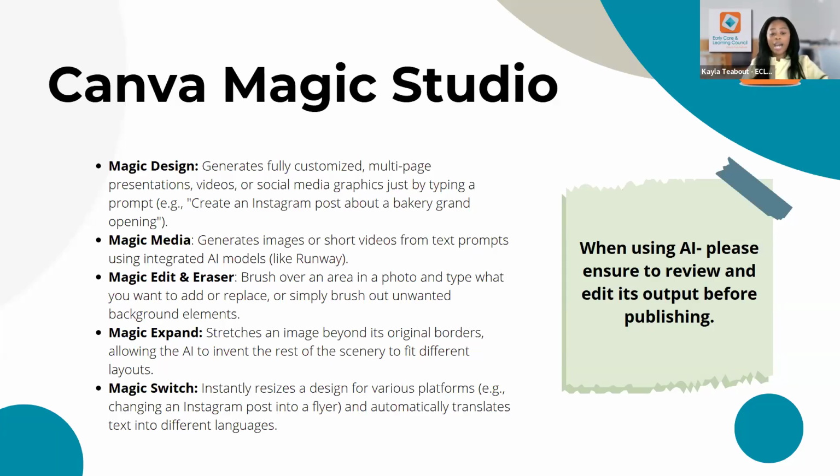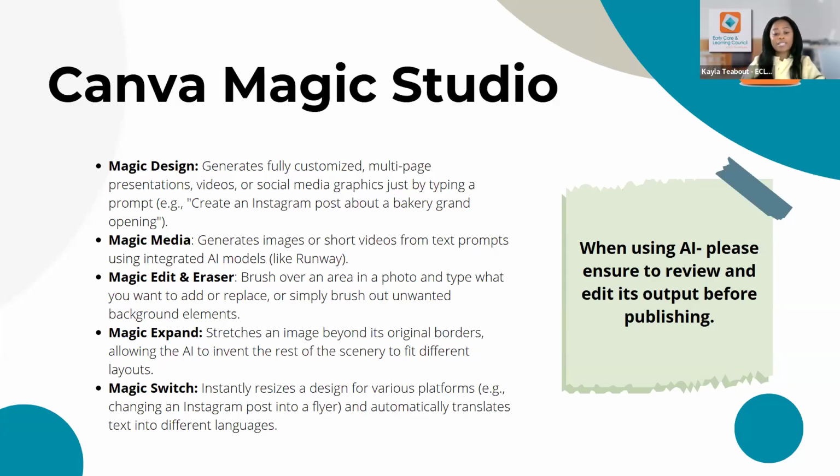Magic Expand stretches the image beyond its original borders. So say you have a presentation and a picture just isn't aligning correctly, even if you resize it, you can expand it with Magic Expand, and it'll resize the image in a correct way.